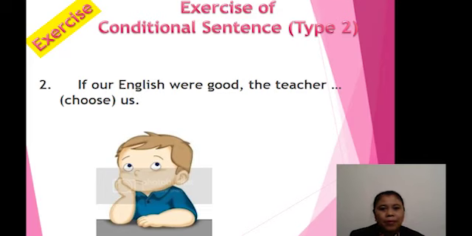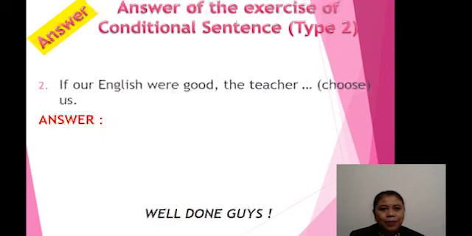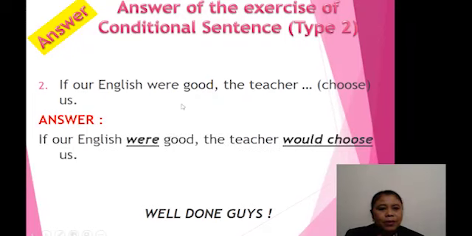Okay, let's check the answer. If our English were good, the teacher blank choose us. The answer is, if our English were good, the teacher would choose us. Would plus verb 1 of choose. Okay, do you understand? Yes?